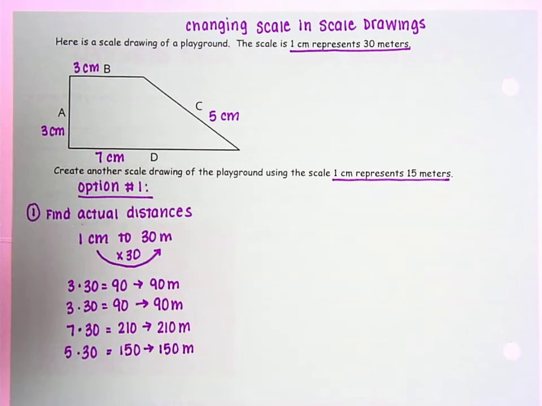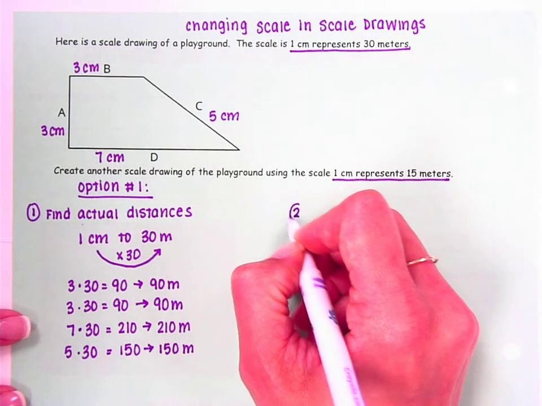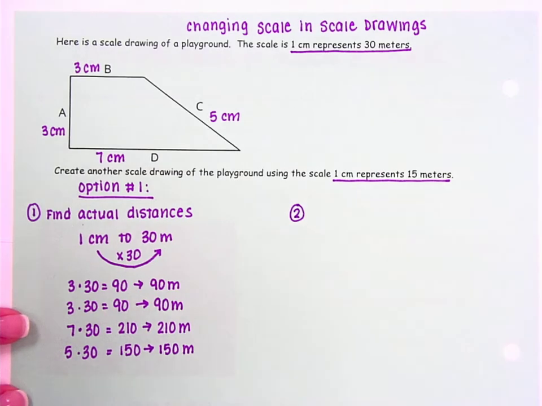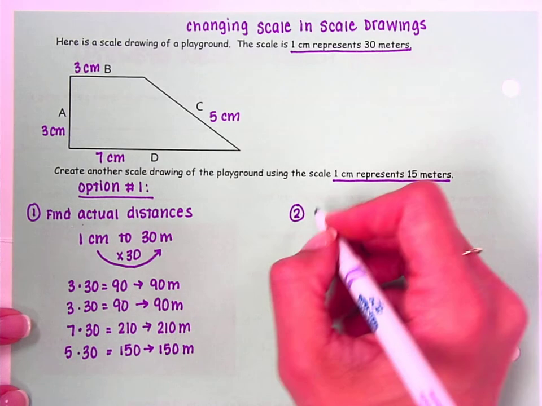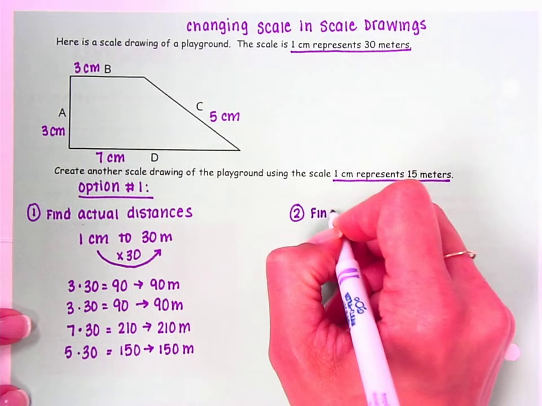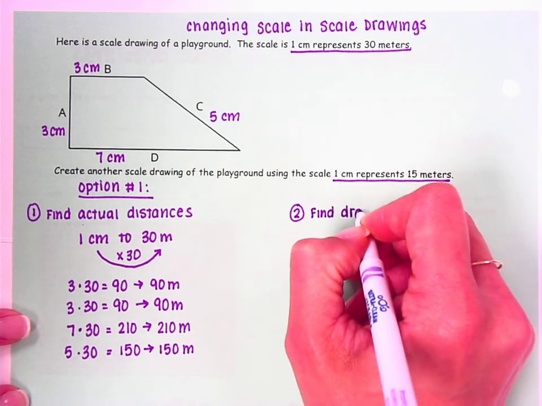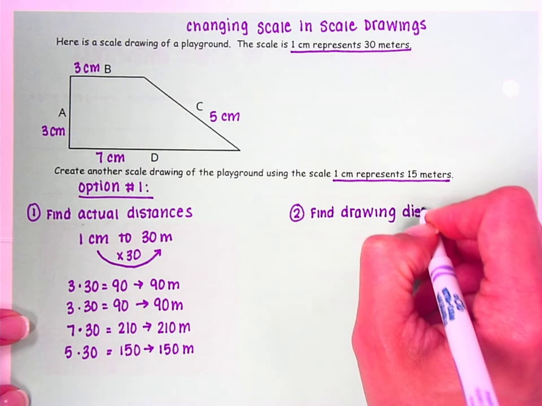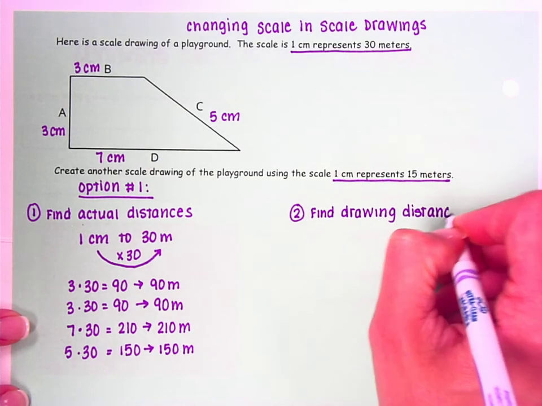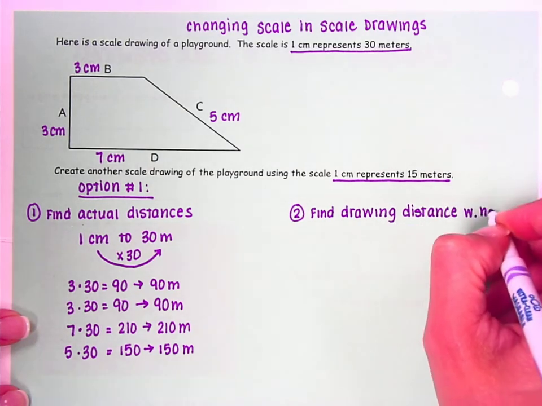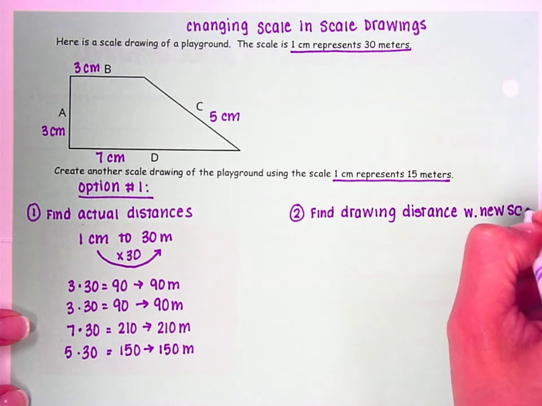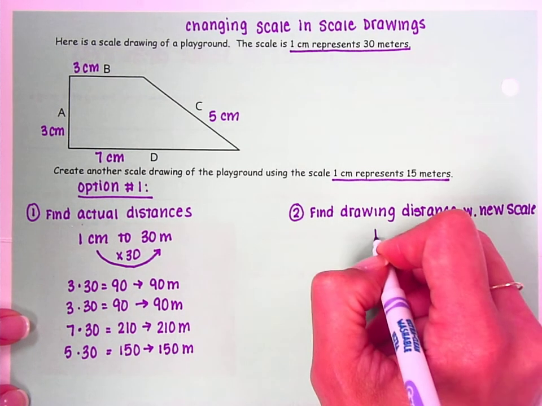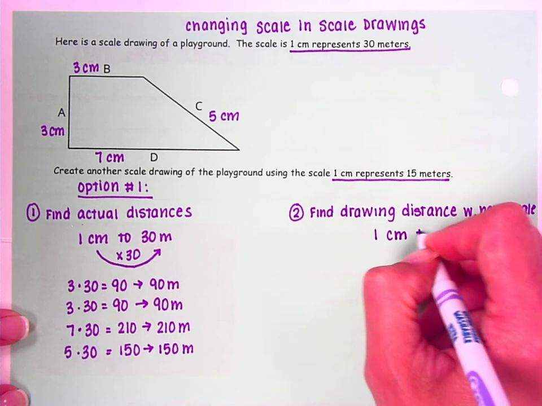That's step 1. Step 2 would now be for me to find my new scale drawing distances with my new scale. So now we're going to use 1 centimeter to 15 meters.